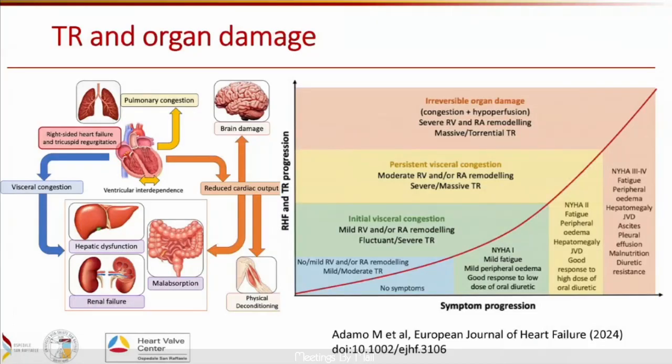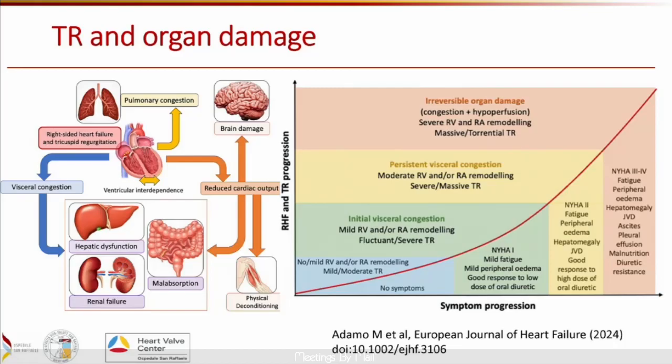And why it is so important: I don't believe there is anything I can really tell you about the best way to treat these patients. But there is only one thing which is clear to me, that we need to define a trigger for structural interventions prior to organ damage.